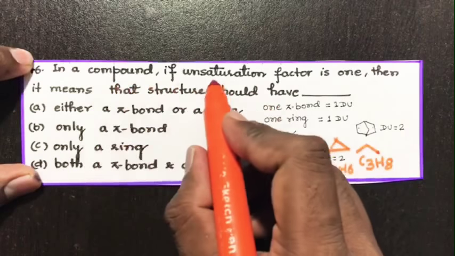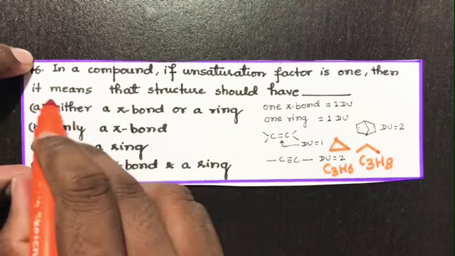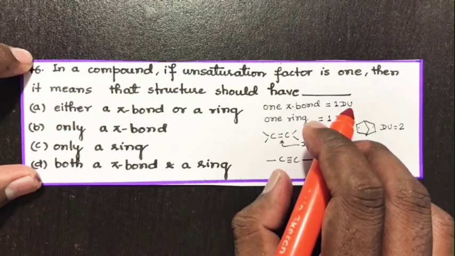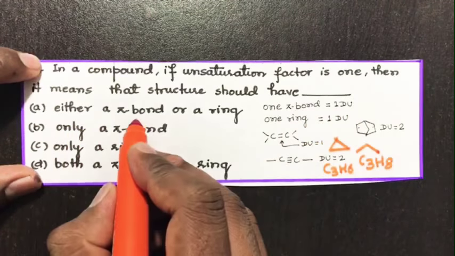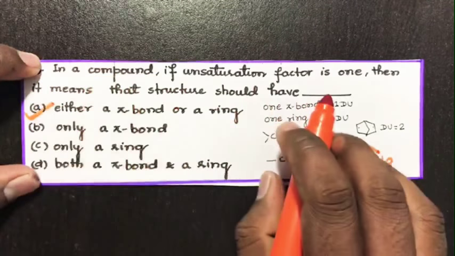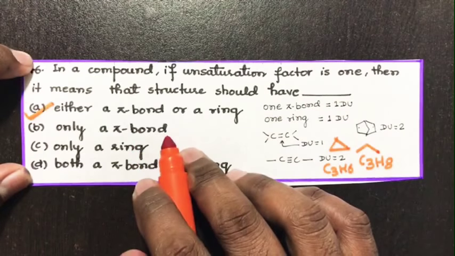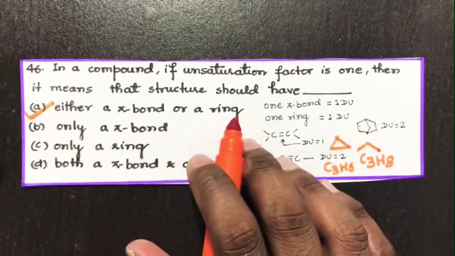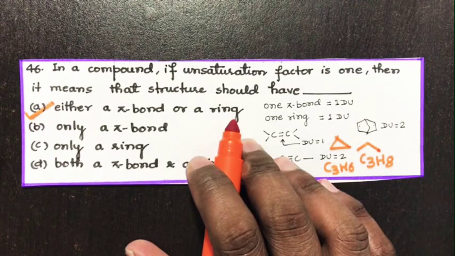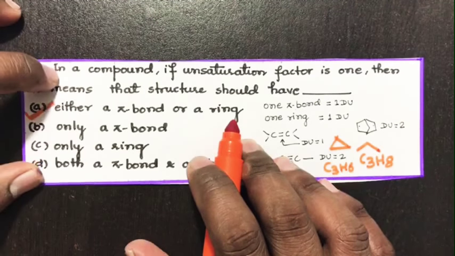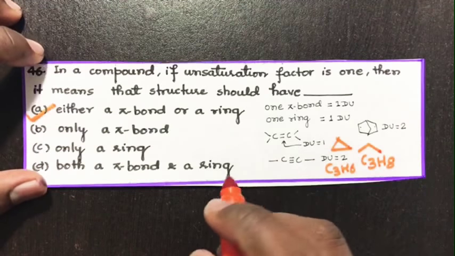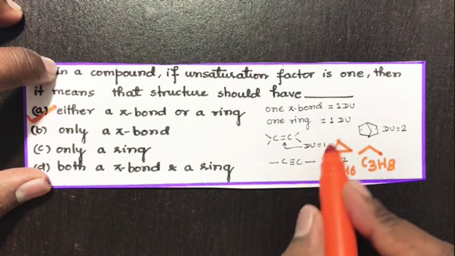Now, if the unsaturation factor is 1, then it means that a structure should have either a pi bond or a ring. This is absolutely correct. Only a pi bond? No, only a pi bond is not correct. The molecule may have a ring also, because it also has one du.